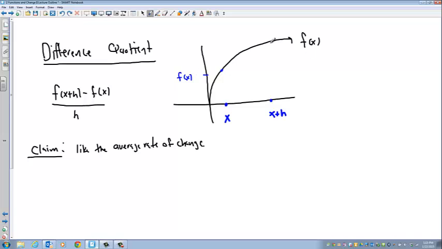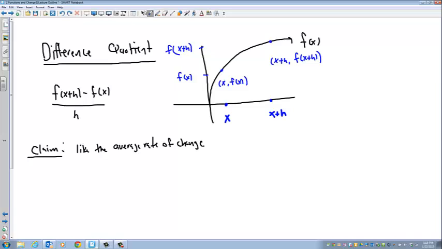Whereas if you plug in x plus h to the function, you get out a different height, which is called f of, well, your input's x plus h, so f of x plus h. And so you have input, output, input, output. You can even write down the ordered pairs. If the input is x, the output is f of x. Whereas over here, if the input is x plus h, then the output is f of x plus h.